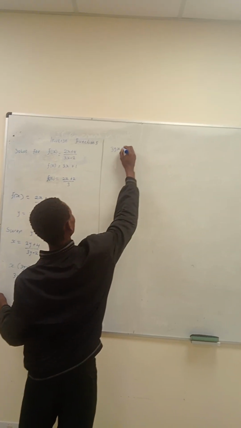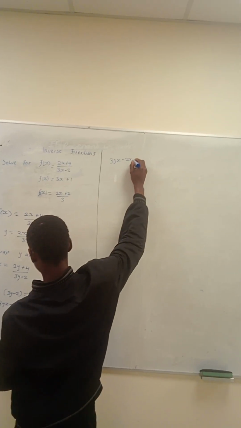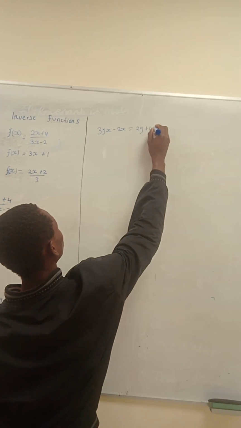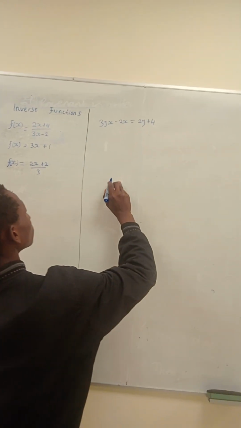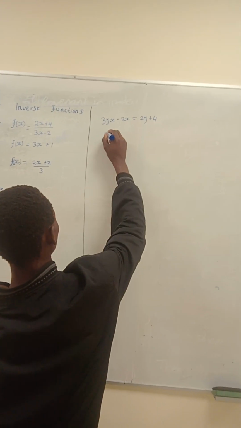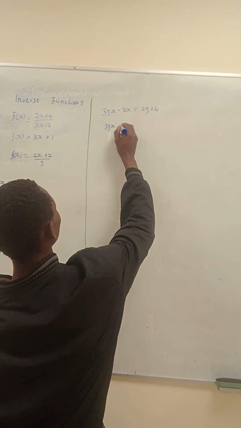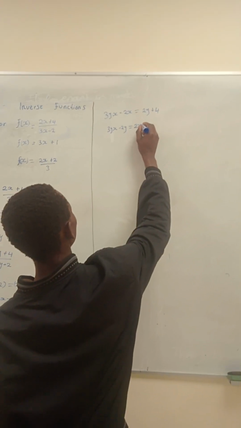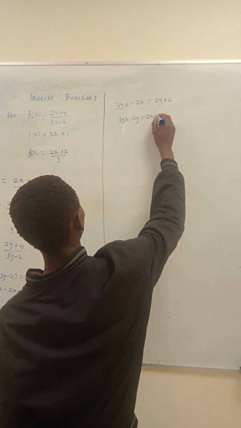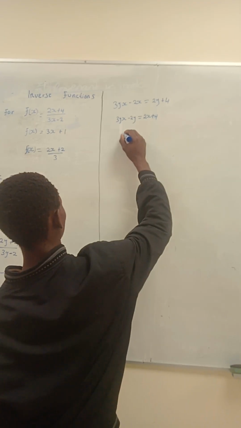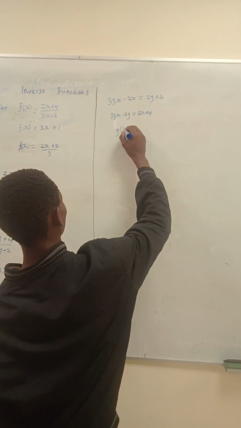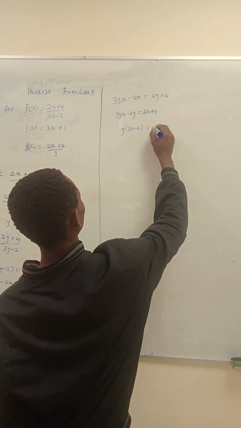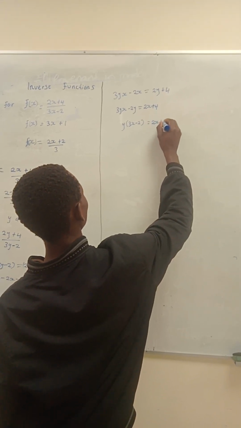3yx minus 2x is equal to 2y plus 4. So group the like terms. We have y and y, so it will be 3yx minus 2y is equal to 2x plus 4. By factorizing, we get y times (3x minus 2) is equal to 2x plus 4.